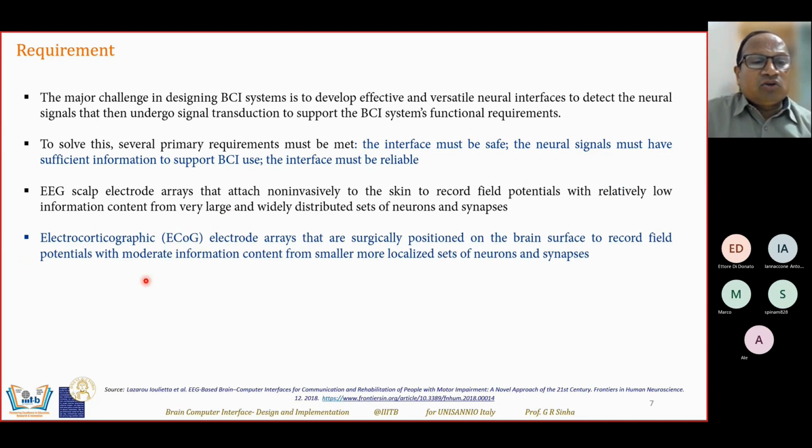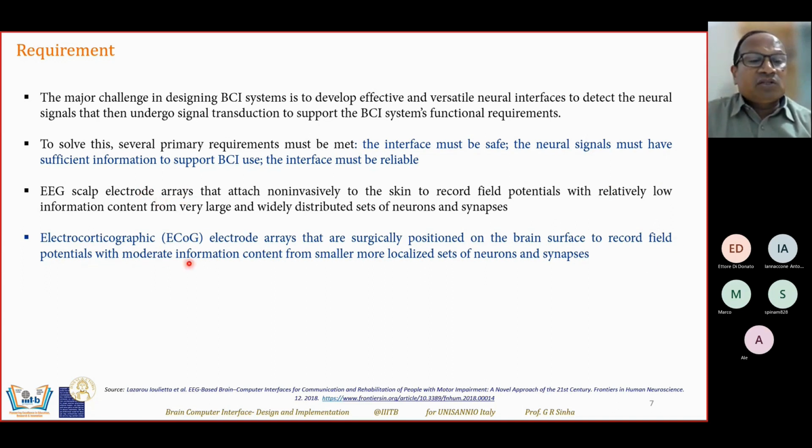Another modality we have already covered comes under semi-invasive, if you remember, electrocorticography, where electrode arrays are surgically placed on the brain surface to record electromagnetic field potentials with moderate information. The information is low in case of non-invasive.